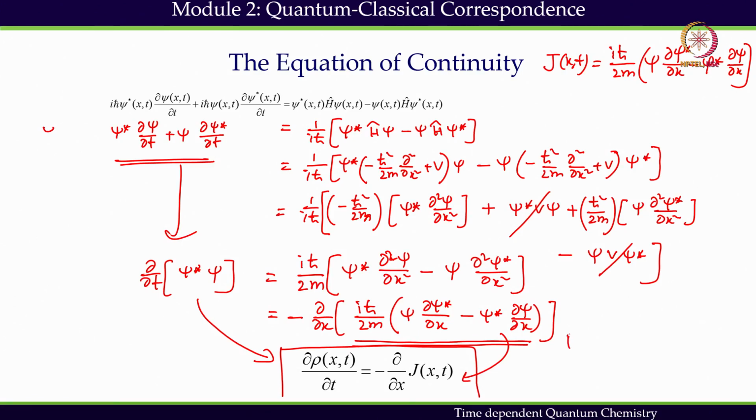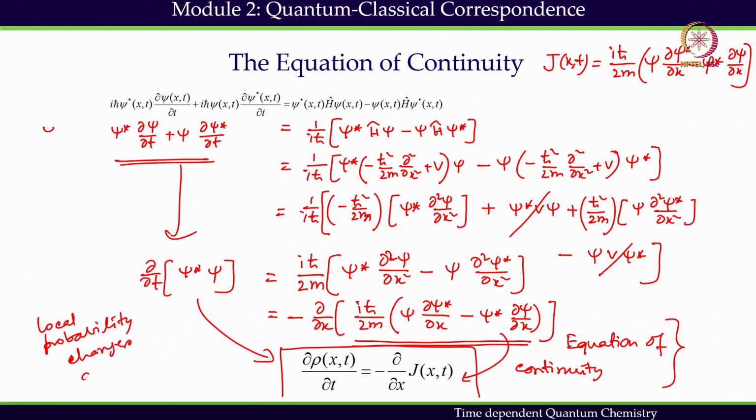It is called the equation of continuity, which shows how the local probability changes as a function of time. The change of probability density as a function of time will depend on the negative gradient of the current.